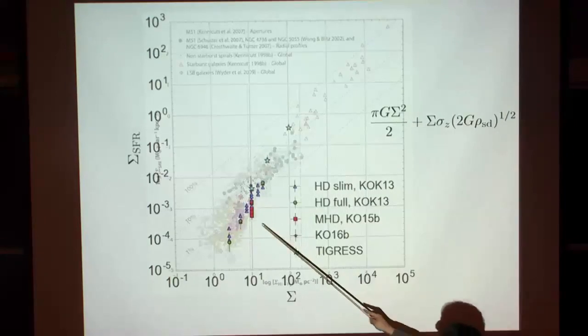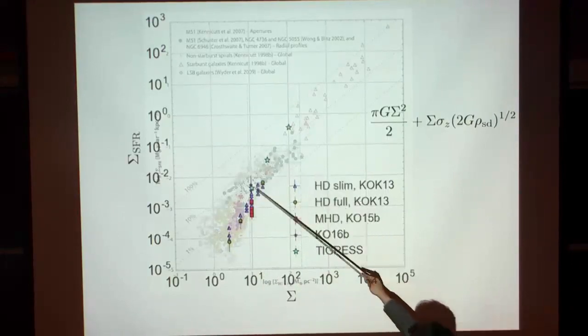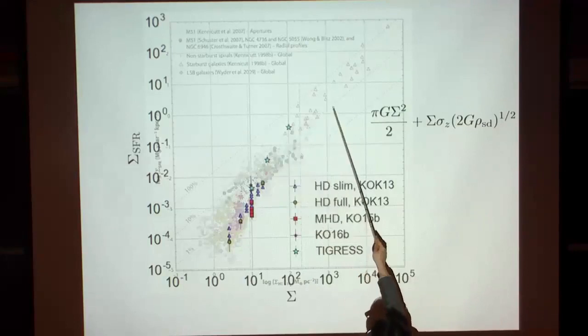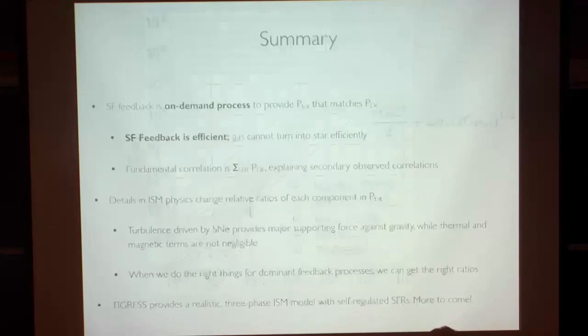So this scatter can be a natural consequence of that, and the other things are also in the right range. It may look a bit different for the high surface density case, but there is actually an issue in measuring the gas surface density for high surface density, especially the CO to H2 conversion factor, which is a whole other topic in this field of study.